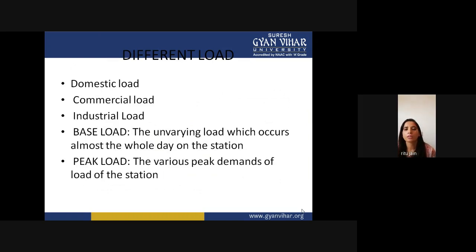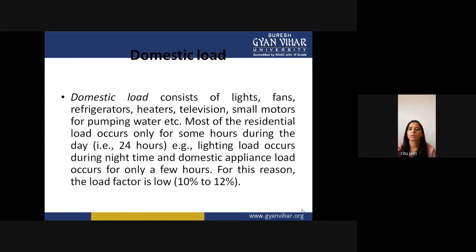Now there are some different loads: domestic load, commercial load, industrial load, base load, and peak load, which we have already discussed. So, what is domestic load? Domestic load is what everyone knows: light, fan, refrigerator, heaters, television, small motors for pumping water.